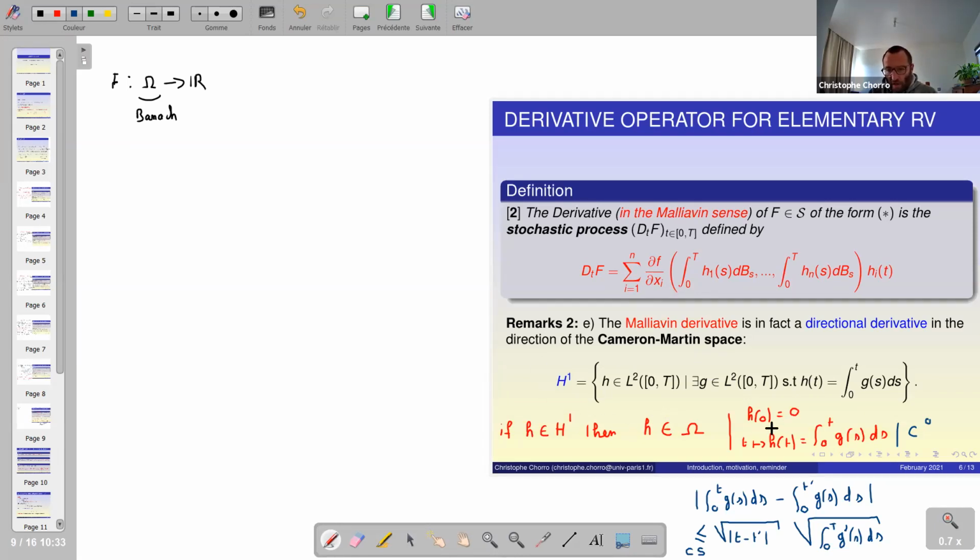What I want to do now, remarking that H1 is a subspace of Omega, is to make the link between the definition I have given to you and the notion of directional derivative for f in the direction of the elements in H1.